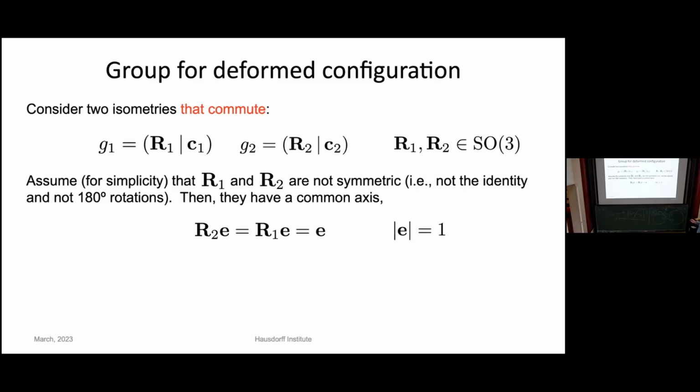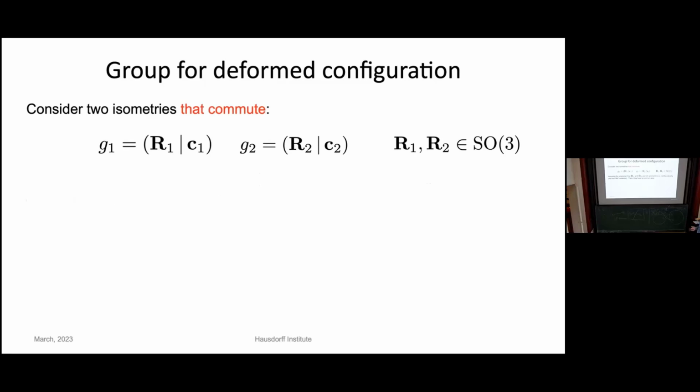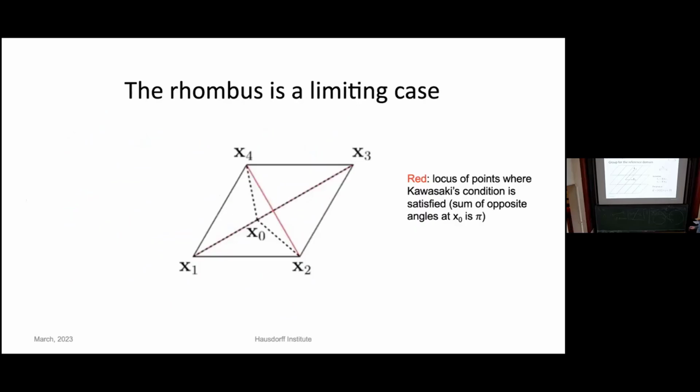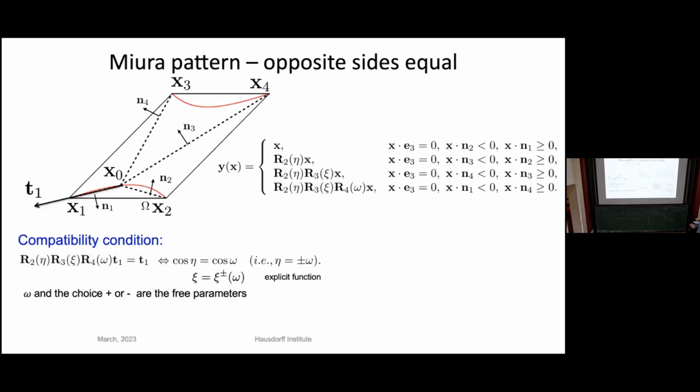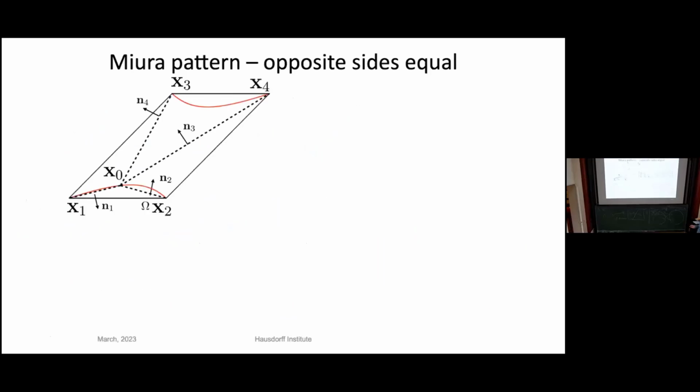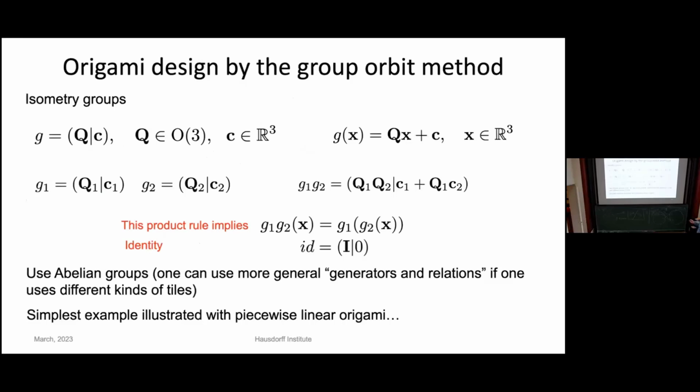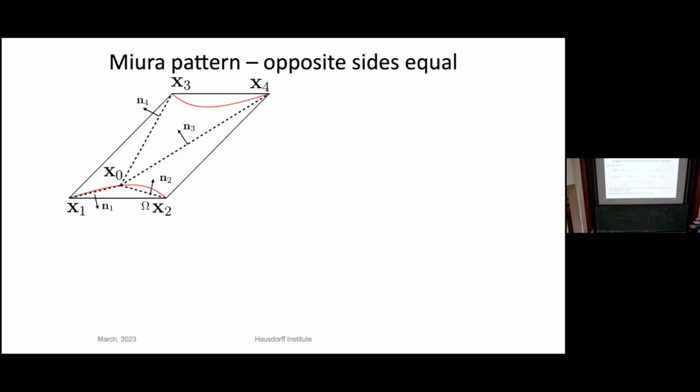Think of that product rule, if they're not symmetric and they commute, so the product rule is here. It's just this rule. So if the two generators commute, then the rotations commute as well.